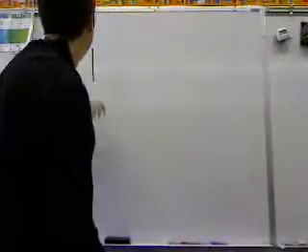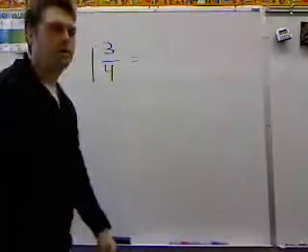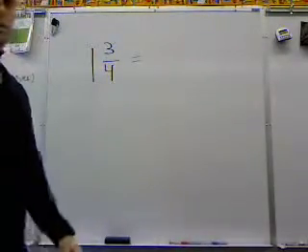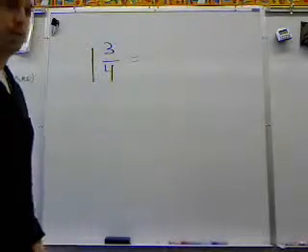Sometimes students get confused when they have to convert a fraction to a decimal, and in that fraction we actually have what's called a mixed number. So if we had a number like 1 3/4 and you wanted to convert that into a decimal, there's a couple of different ways we can do it. Obviously we know that the 1 is a whole number, so it's going to stand on its own.